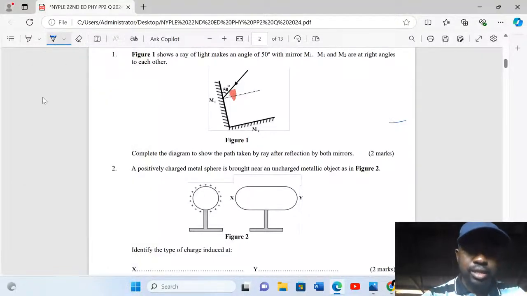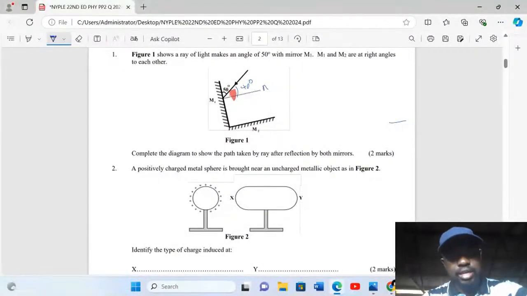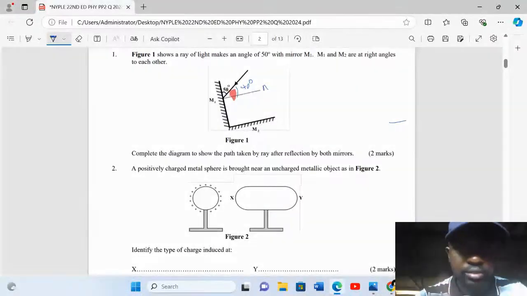The incident angle here is 40 degrees, like that. You can see we are having the normal, which is there. Therefore, it means that the reflected angle, which must be coming out here, will also be at 40 degrees.